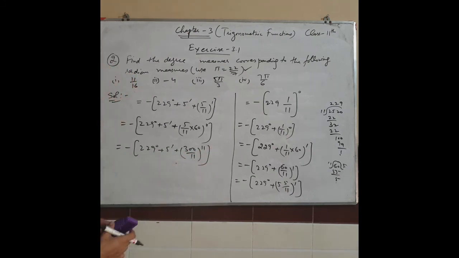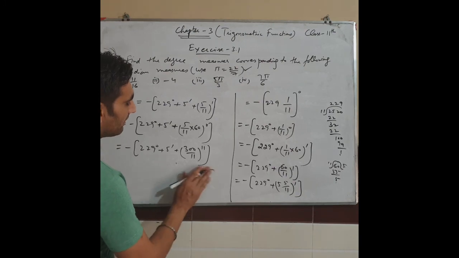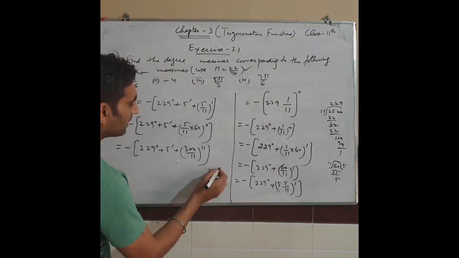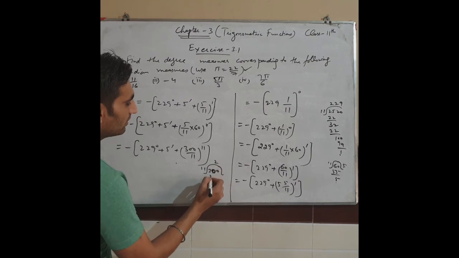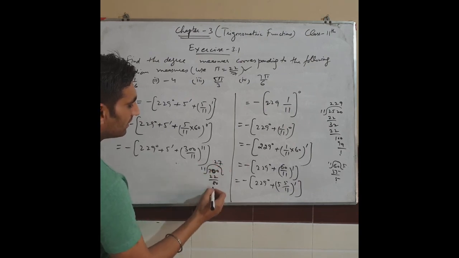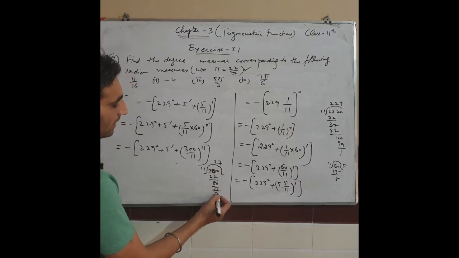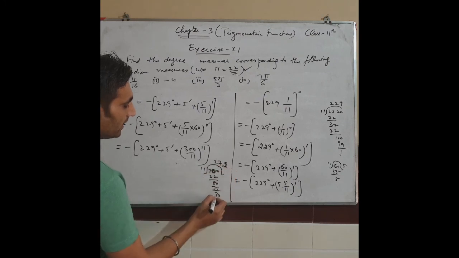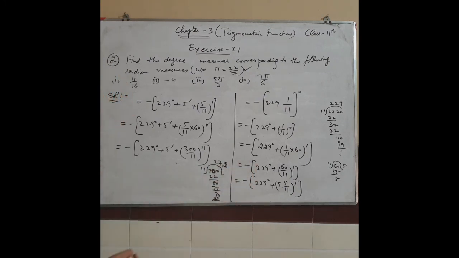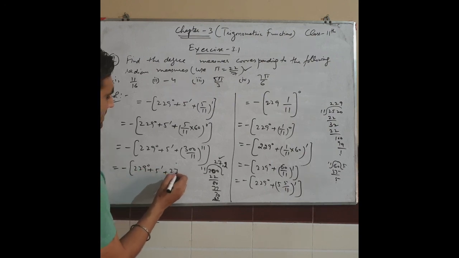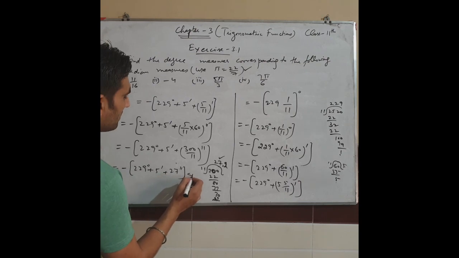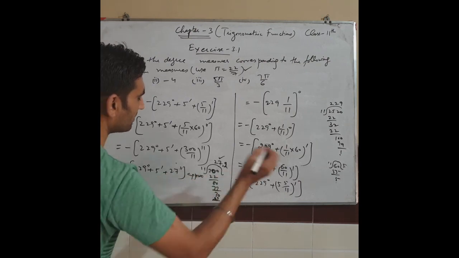Now you have to divide 300 by 11. 300 divided by 11 goes 2, 22, 8 left, then 30 with decimal, 2, 22, 8 left. So approximately it is 27 seconds. So we have minus 229 degrees plus 5 minutes plus 27 seconds, approximately, because there is some possibility of calculation error.